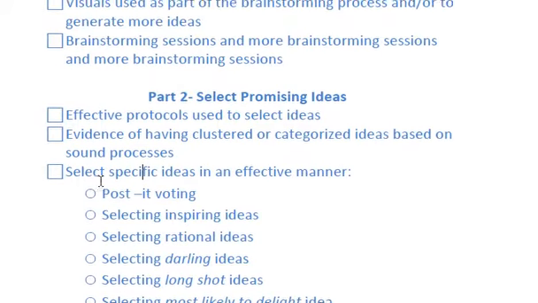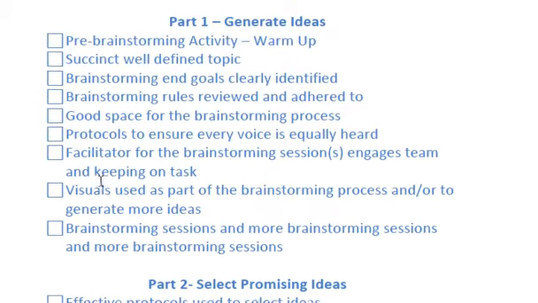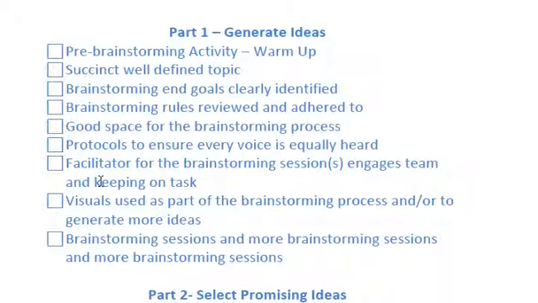When you begin your brainstorming, you want to make sure that you have a succinct, well-defined topic to get started. And by now, in phase three, we should have a succinct, well-defined topic. And then we need to have a good space for the brainstorming process. If you're doing this virtually, then you have to think about a virtual space that you can use where all of you are participating in the brainstorming process.